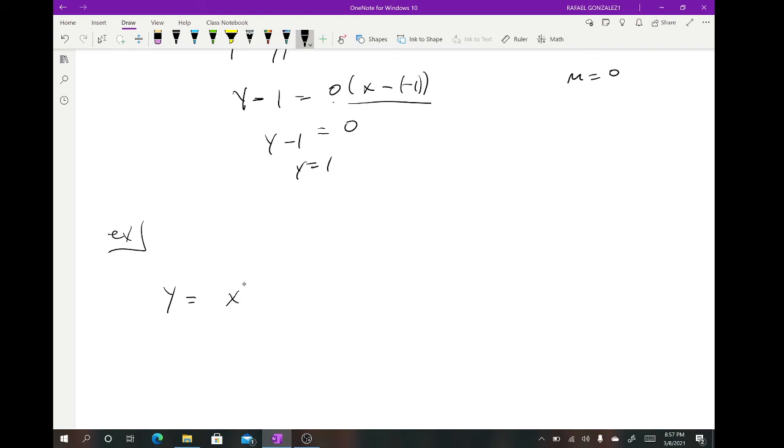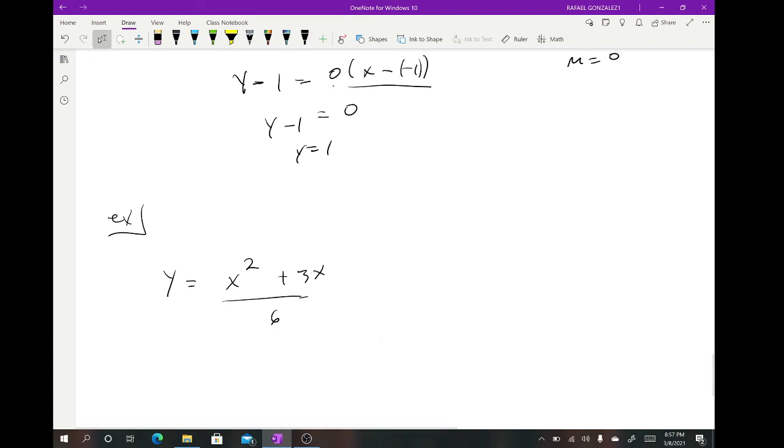For example, if you have something like x squared plus 3x over 6, you might think that this is a quotient, and it is. You could use the quotient rule here, but I definitely do not recommend it, because it will make your work much more difficult. Instead, notice that this is the same thing as if you took 1 over 6 and multiplied it by x squared plus 3x.